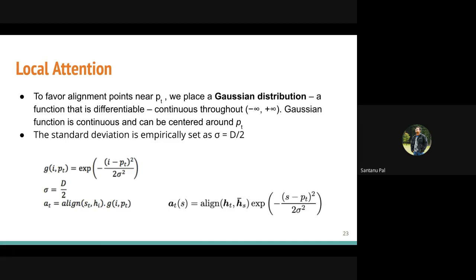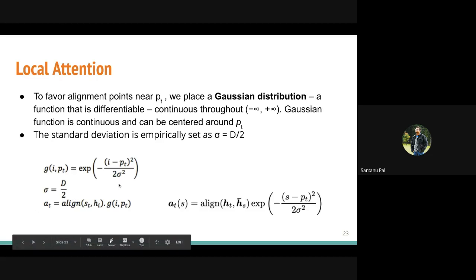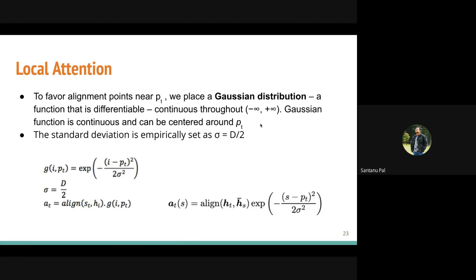And when you get the predictive alignment token, you have not only a single token but a subset of tokens around it, and you use a Gaussian distribution in that case, which is a continuous function from negative infinity to positive infinity.